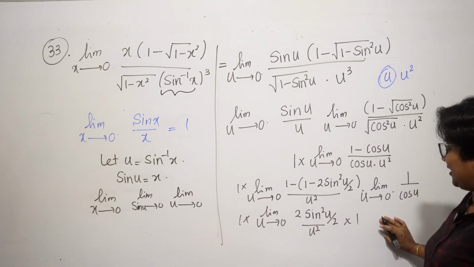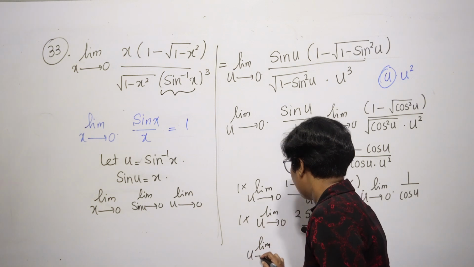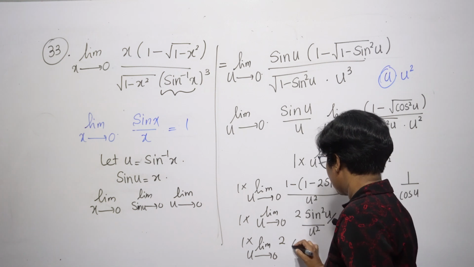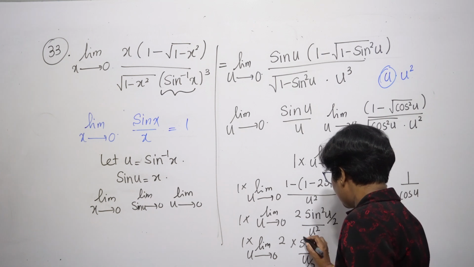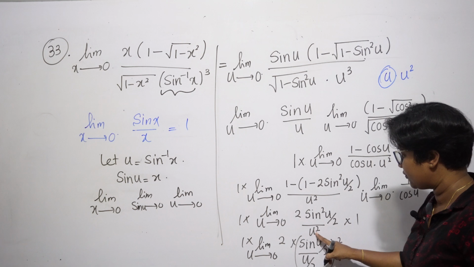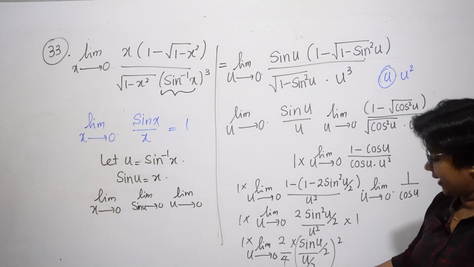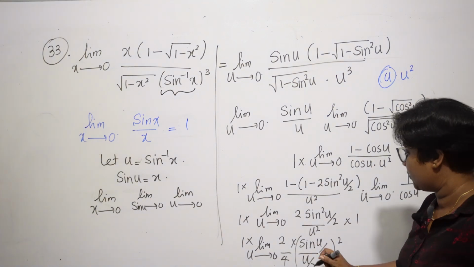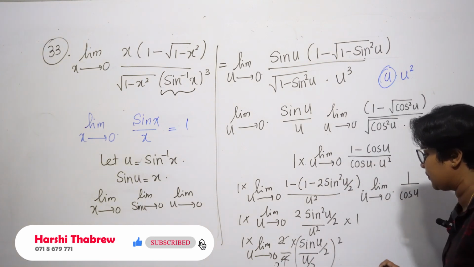I will write it like this: the limit as u approaches 0 of 1 times 2 times (sine (u over 2) over (u over 2)) squared. Now you have (u over 2) squared there, and here you have u squared. Then you can divide by 4 to cancel this extra or added 2 to the power 2, so it simplifies to 2.